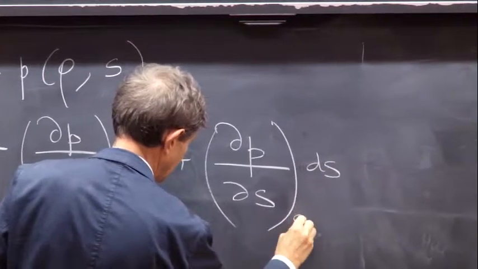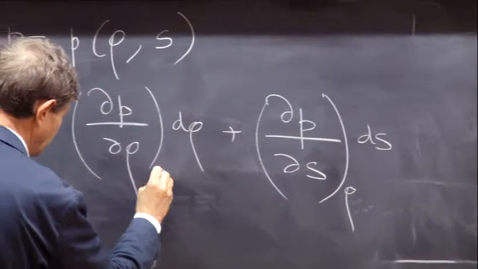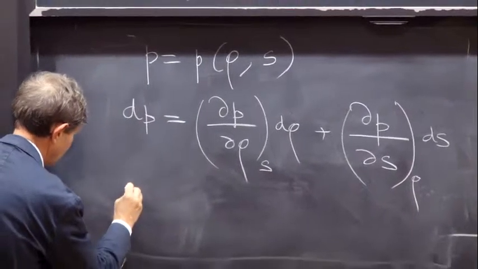This is at constant rho, this is at constant S. And so this is P1.